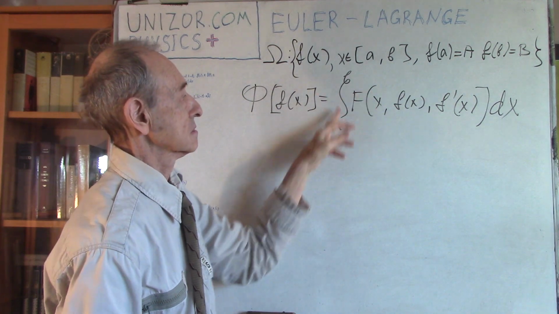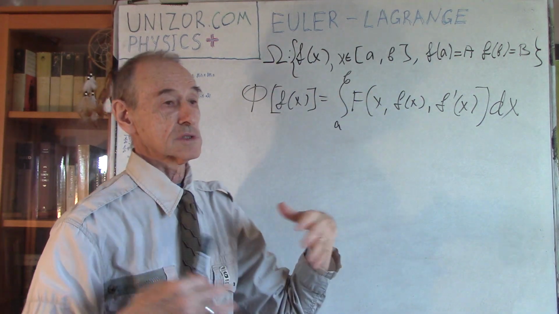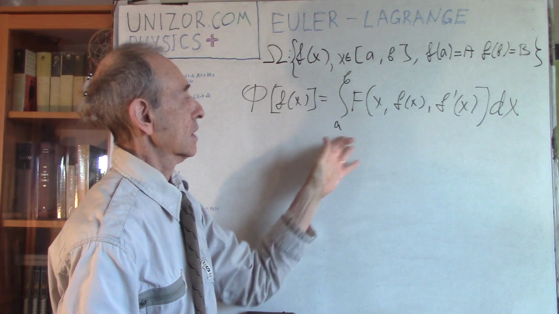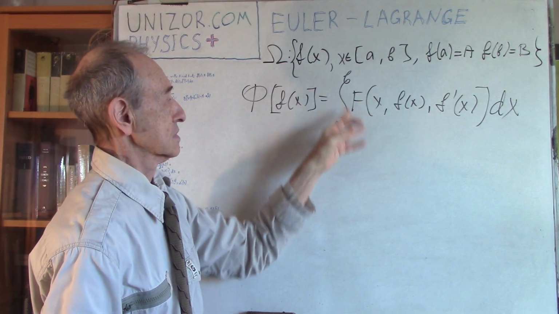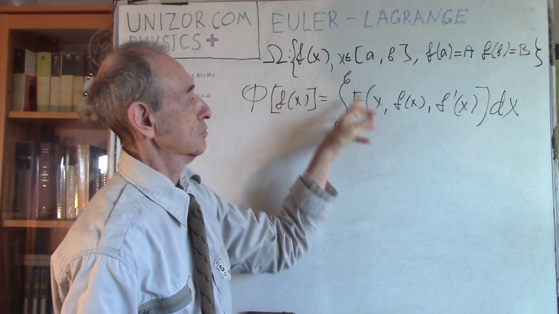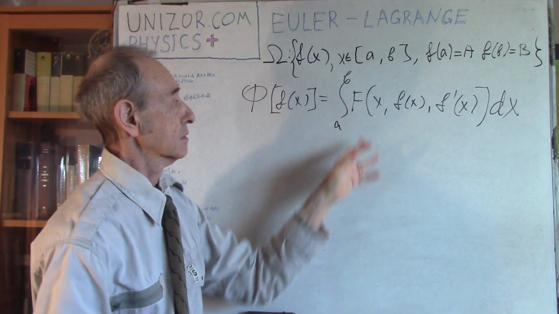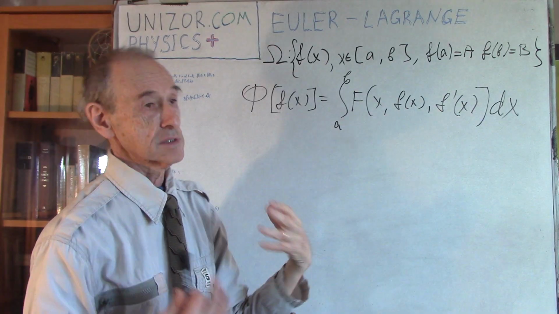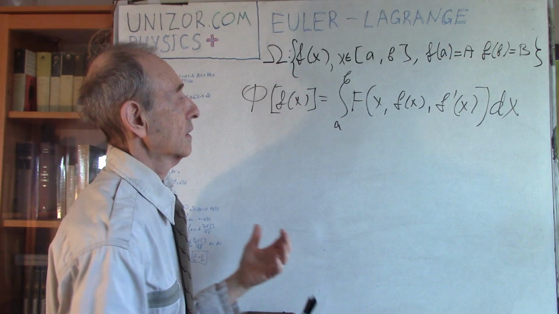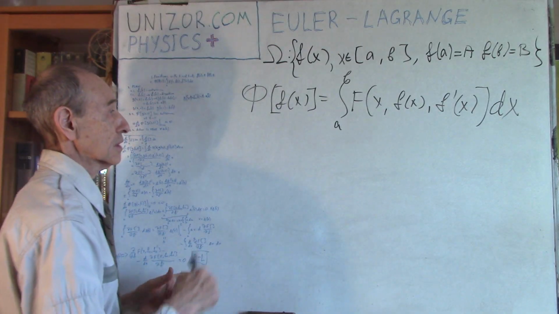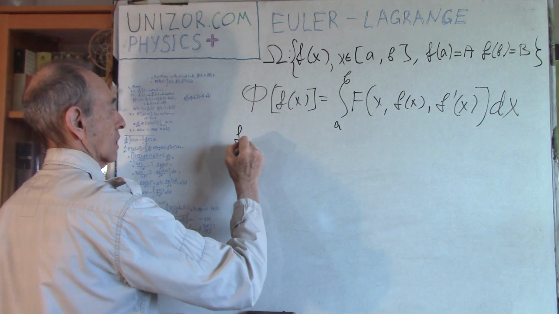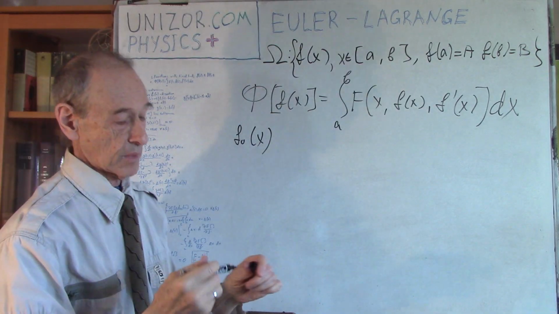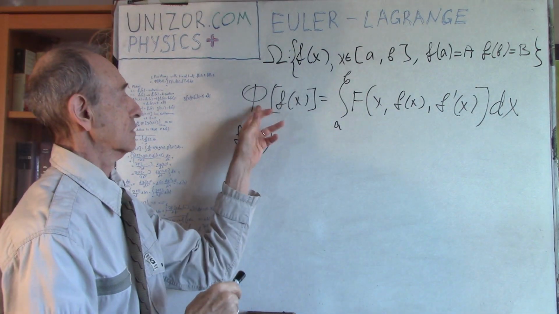So you have this kind of formula, which is derived from some physical concepts, and integrating from a to b gives a functional, which is a function of a function, where f of x is the function we are looking for, and we are looking for a particular function f0 which minimizes or maximizes the functional phi.